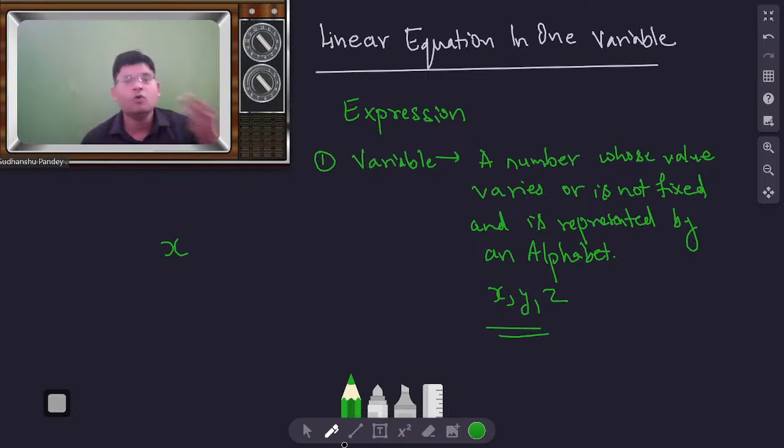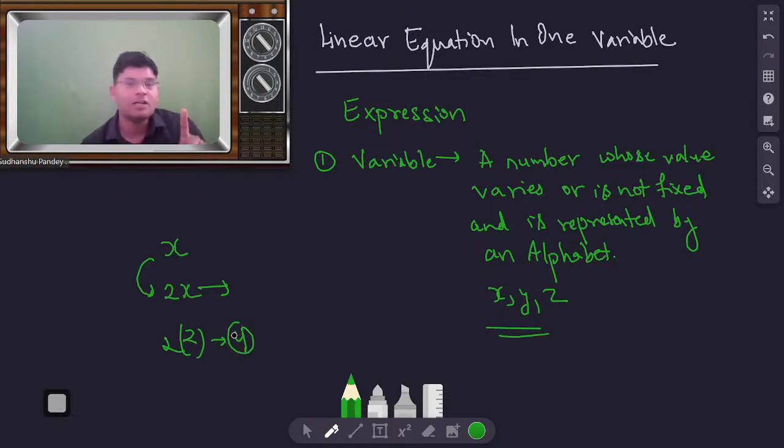Now if I am doing more operations on this X, suppose I say 2x. So what does 2x represent? 2x is an expression, and in which what is happening? Whatever number I am imagining in my mind, I am multiplying it by 2, or I can say I am doubling it. Suppose I am thinking of 2, so the value I am going to get is 4.